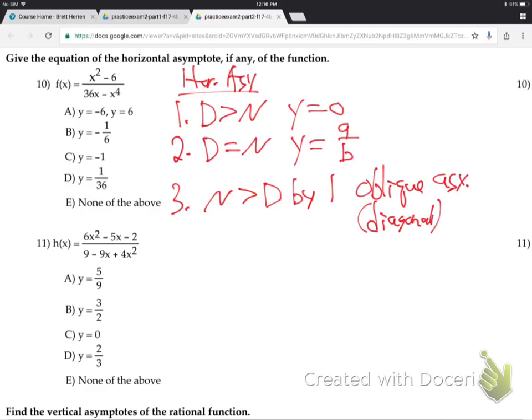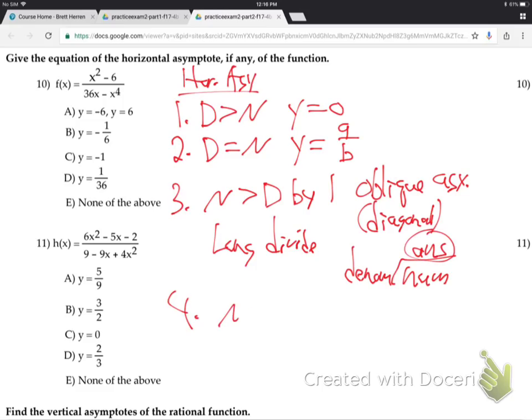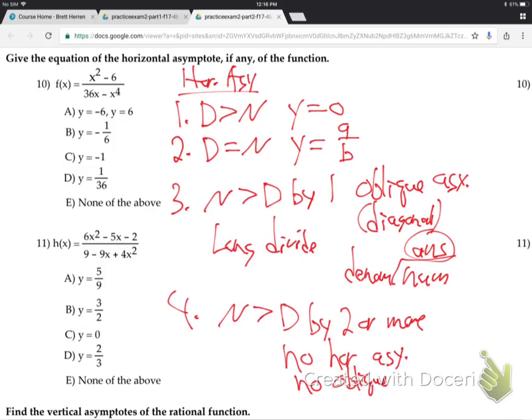And you have to long divide the denominator into the numerator, and the answer is right up there. And then step 4, if the numerator is bigger than the denominator by 2 or more, it's no horizontal, no oblique asymptote. So there's the steps for finding horizontal or oblique.